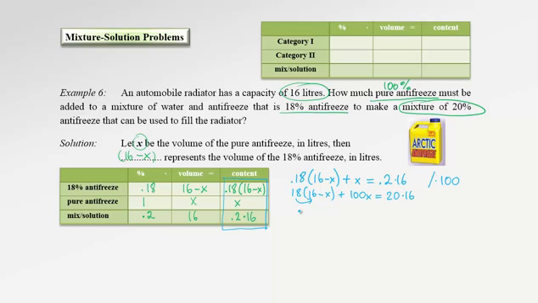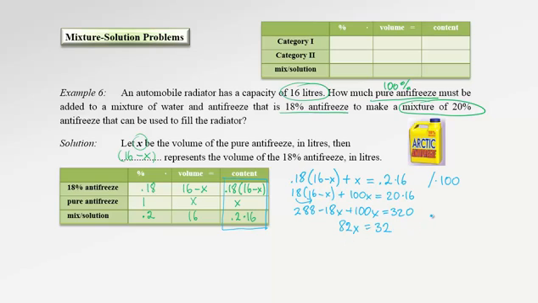So 18 times 16 is 288 minus 18x plus 100x equals 320. And then put together the x's. 100 minus 18 is 82x. And 320 minus 288 is 32.